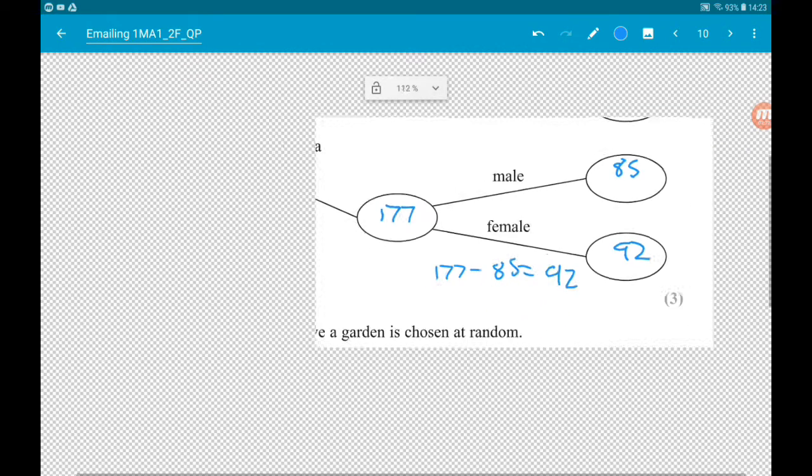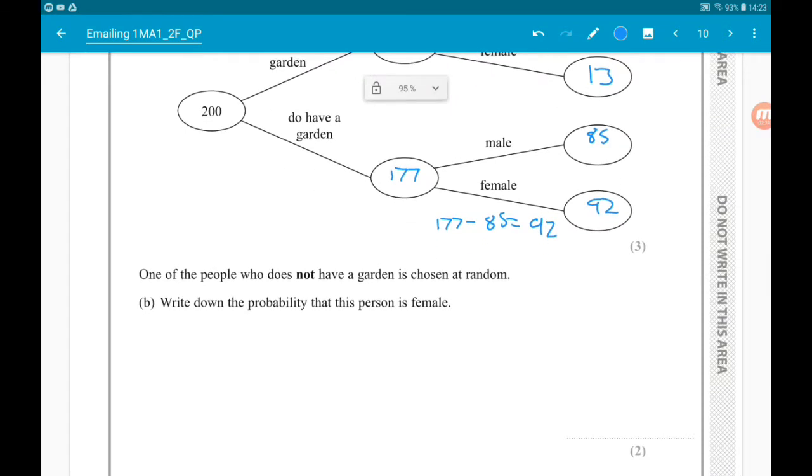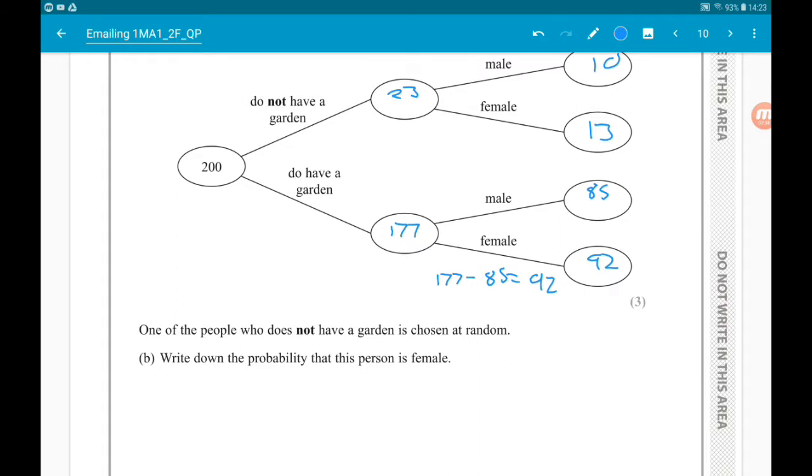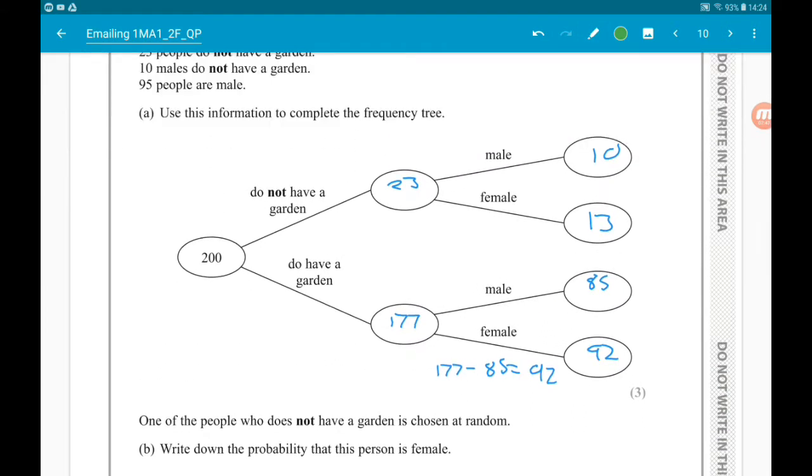Cool. Okay, and then for part B, we are told one of the people who does not have a garden is chosen at random, so we are only interested in the people that do not have a garden.